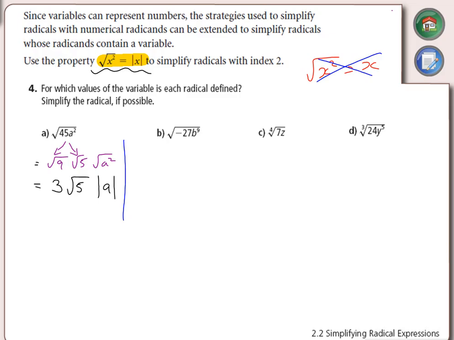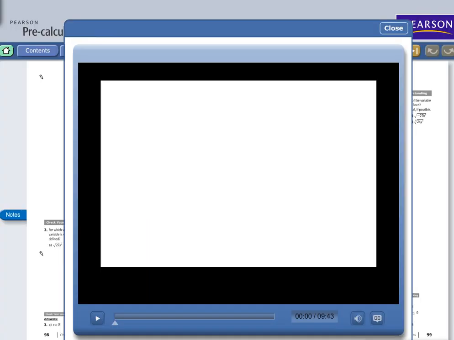Oh, I'm so confused. Well, good thing, because we've got a lady who wants to re-explain part A for you. Part A: for which values of the variable is the square root of 75a squared defined? Simplify if possible. I know that I can't take the square root of a negative number, so 75a squared cannot be negative.